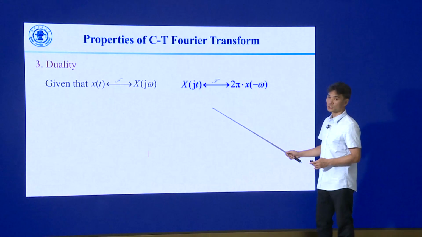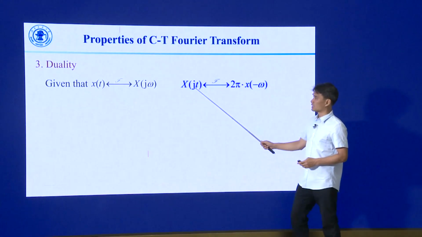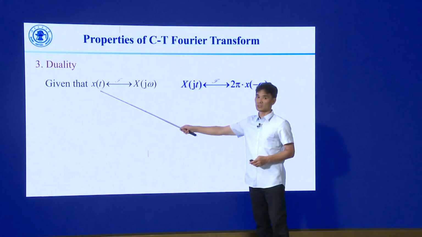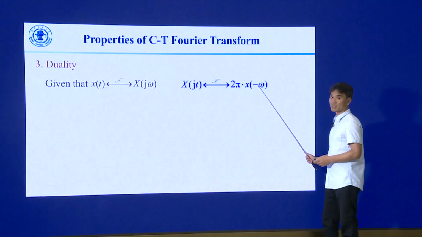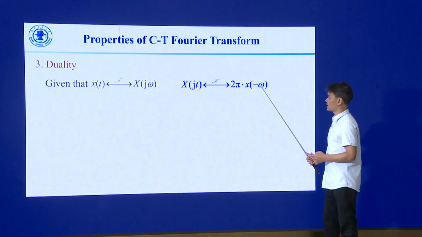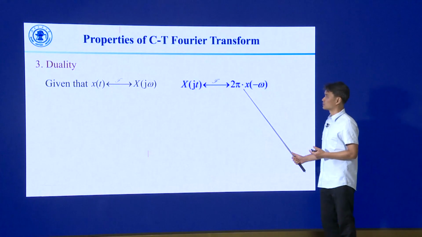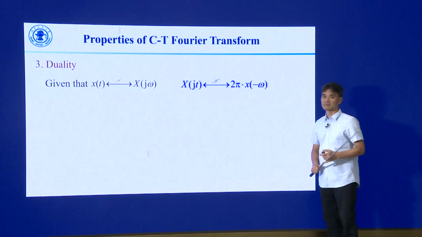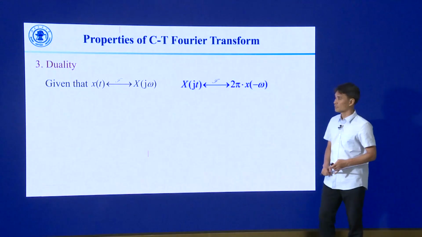If we switch their position, this spectrum in the time domain, then the original signal in the time domain will be moved to the frequency domain, but with some change. The independent variable should be flipped in terms of the vertical axis, and also there will be a scaling factor 2 times pi in front of it.